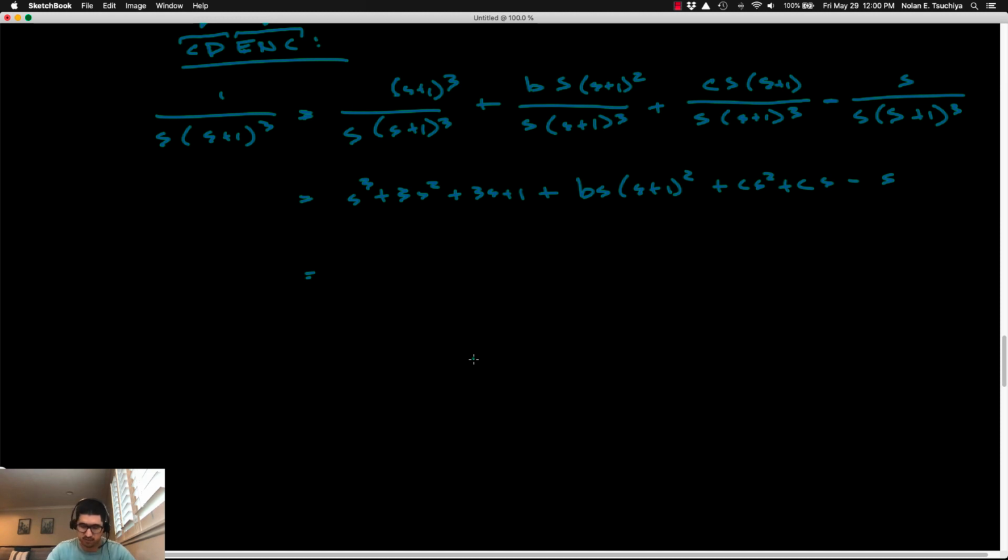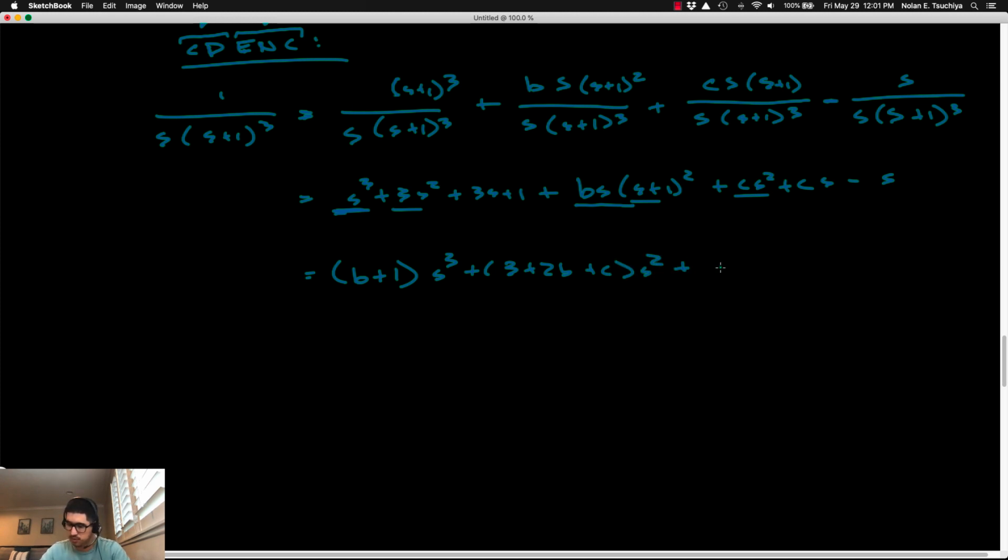Okay, so cleaning some of this stuff up, what I end up with, right? Notice that there's a 1 s cubed here, and I'm going to get a b s cubed here from this expansion. So that's why I get a b plus 1 s cubed. And then for the s squared terms, there's a whole bunch of them, right? There's a bunch of s squared terms. 3 plus 2b plus c s squared.